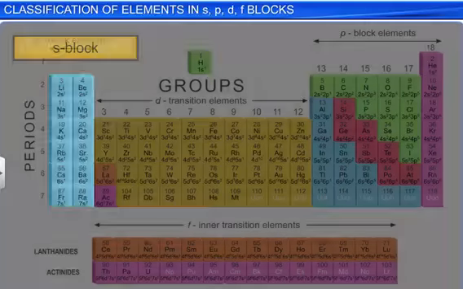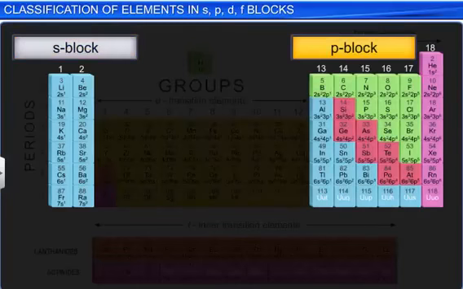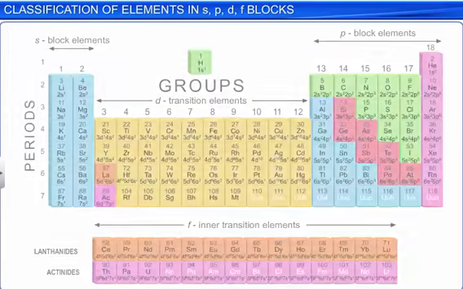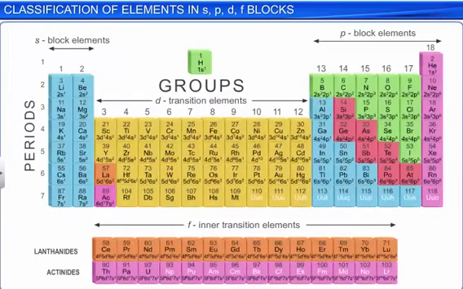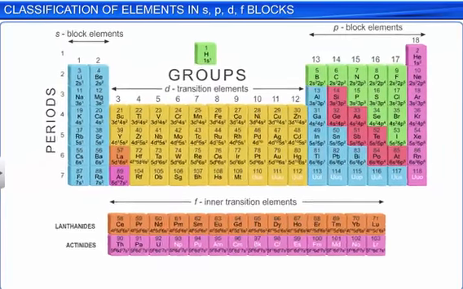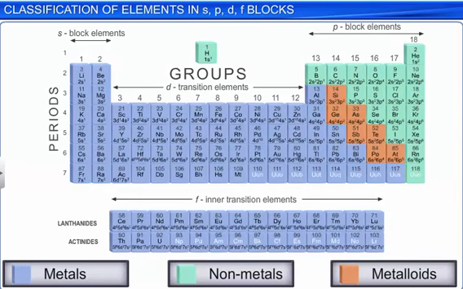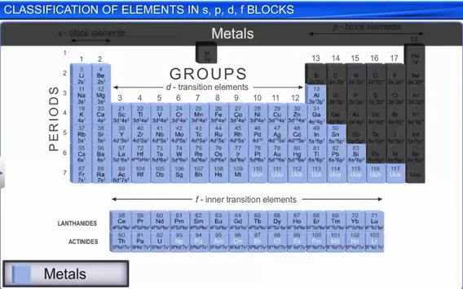Apart from classifying elements into s, p, d, and f blocks, the periodic table also shows the classification of elements into metals, nonmetals, and metalloids. Metals have been listed on the left side of the table and form 78% of the known elements.